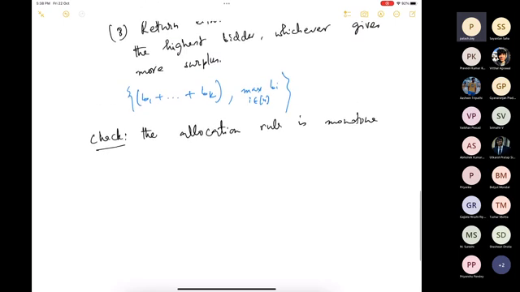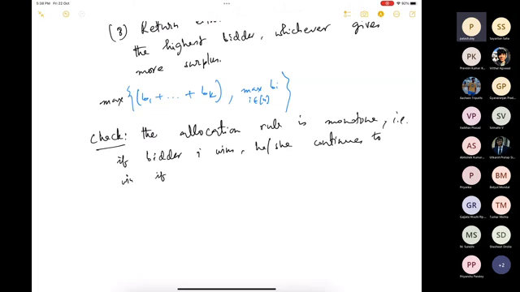So you take the max of these two. That is, if bidder i wins, he or she continues to win if he or she increases the bid.